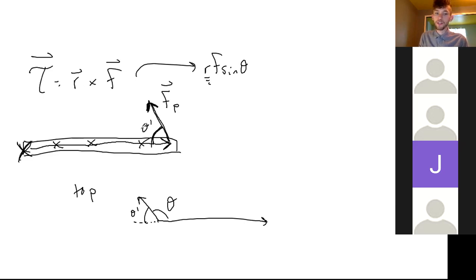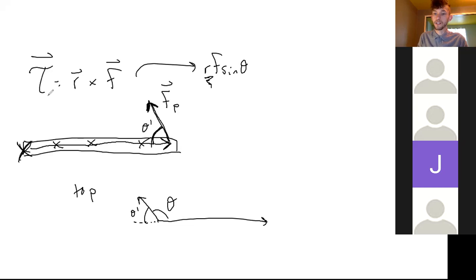Where is it going to be easier for you to cause the door to start rotating? The farther away from the hinges you are. That's the size of R, right? How far away you are from the axis of rotation. The farther your point of application of force is from the axis of rotation, the bigger the torque you're going to get.